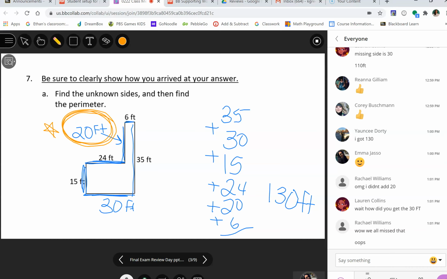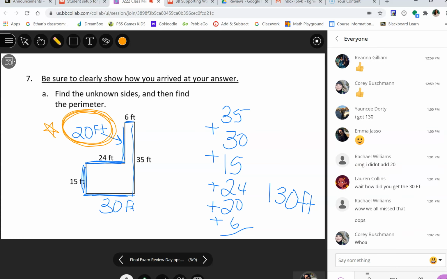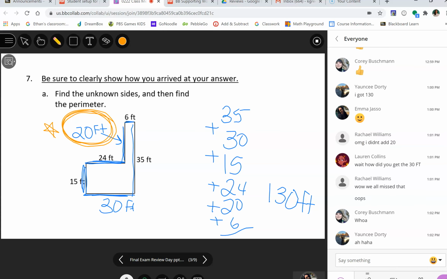That's what was happening on the practice test. But then I couldn't give anyone partial credit because you didn't submit that handwritten work. First of all, Yonsei, high five to you for being brave and saying you got a different answer. And shame on me for not actually putting that in my calculator.